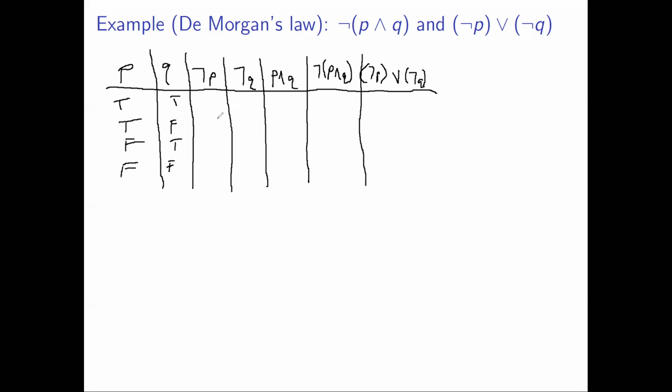And we can fill out these negation columns, same as we've been doing. And now we have a conjunction column, P and Q. Conjunction is going to be true in that first row because both of the conjuncts are true. All the other rows, at least one of the conjuncts is false, so the conjunction will be false in all the rest of the rows.